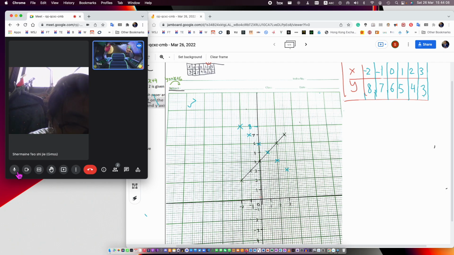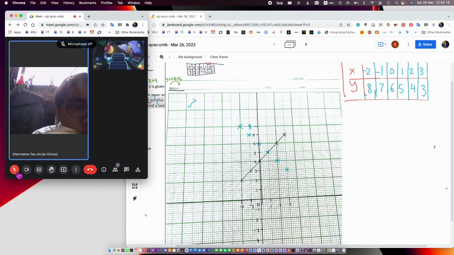Yeah, use your ruler to guide you. Very good.